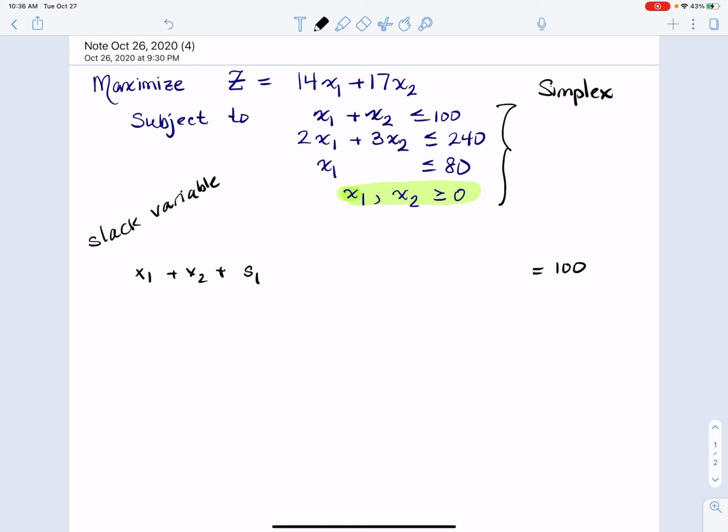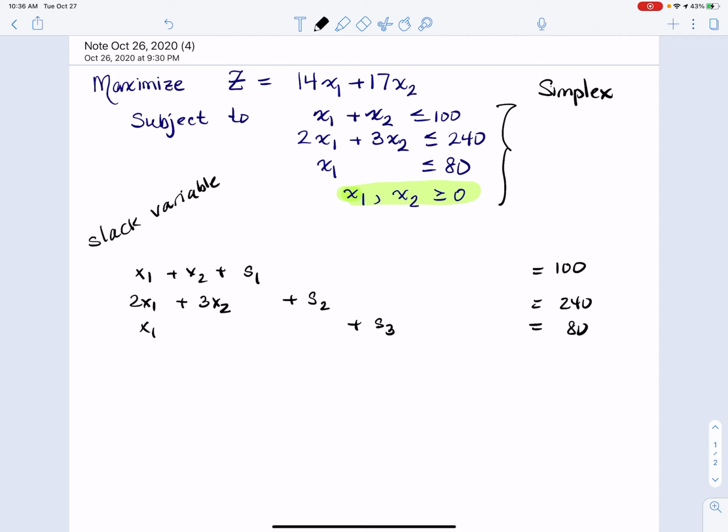So for the second constraint, I'm going to say 2x1 plus 3x2 plus S2. Now I can't use S1 again because that's reserved for the first one. I'm not guaranteed that these variables are going to be the same value. So that equals 240. And then we have x1 plus S3 is equal to 80.